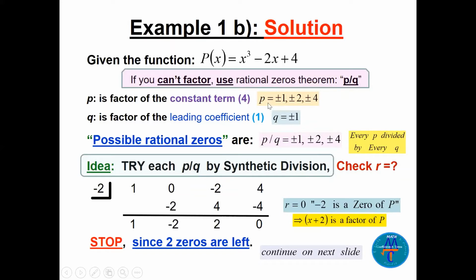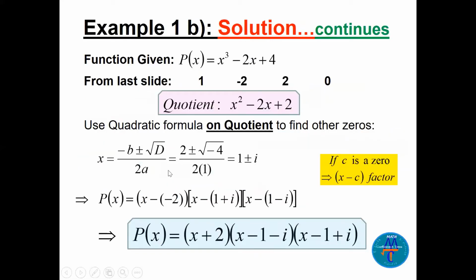Then we stop here because we have a cube, and then we found 1, 0, minus 2. All right, so why do we stop? Since 2 zeros are left, because I can take the quotient here, x squared minus 2x plus 2, and then find the zeros either by factoring or by quadratic formula.